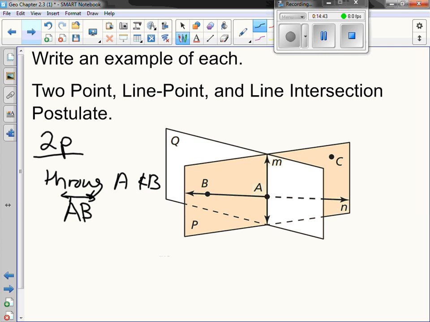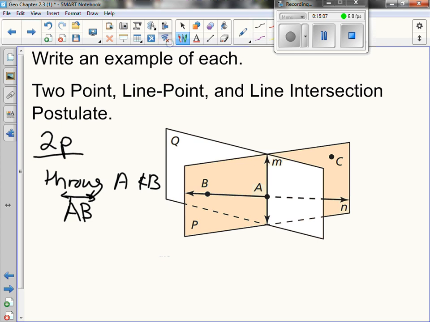You're probably not going to have to write all that out. It's probably just saying line AB is an example of 2 point postulate, because through points A and B there exists line AB. Because through any 2 points there exists a line. Any questions on 2 point? We good with 2 point?